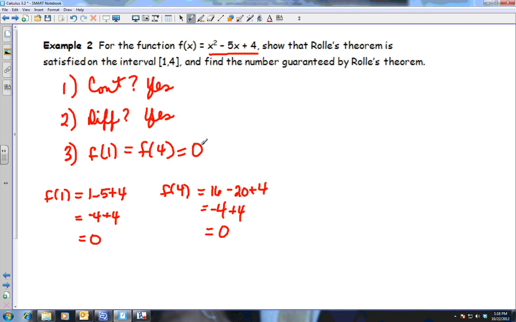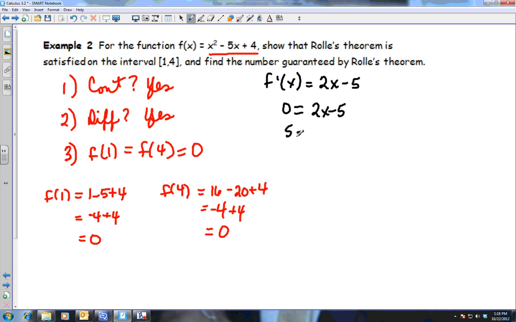So Rolle's theorem says I have a number guaranteed to fall between 1 and 4 where I have a horizontal tangent on this curve. So to find that, I'm going to take the derivative, set it equal to 0, and solve. So the derivative would be 2x minus 5, set it equal to 0.